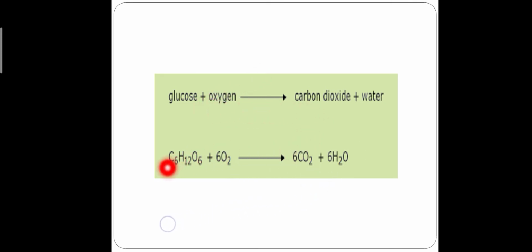For balancing the equation, we use one glucose molecule and 6 oxygen molecules, which are converted into 6 carbon dioxide molecules and 6 water molecules. So it is a balanced equation showing aerobic respiration.